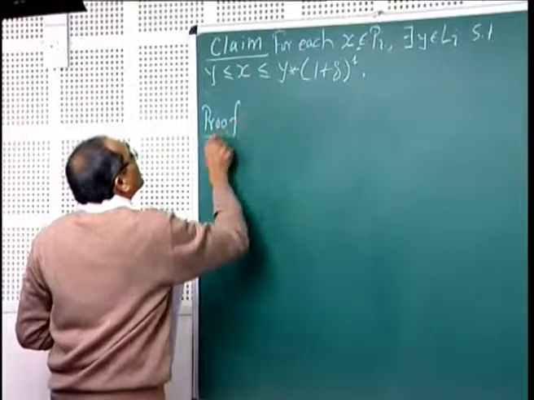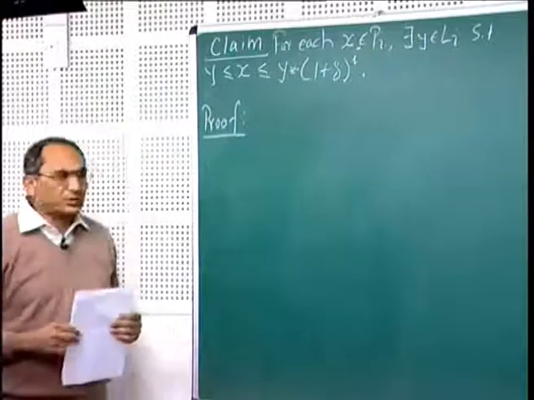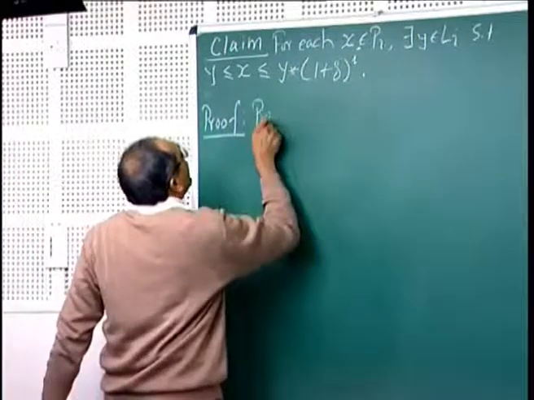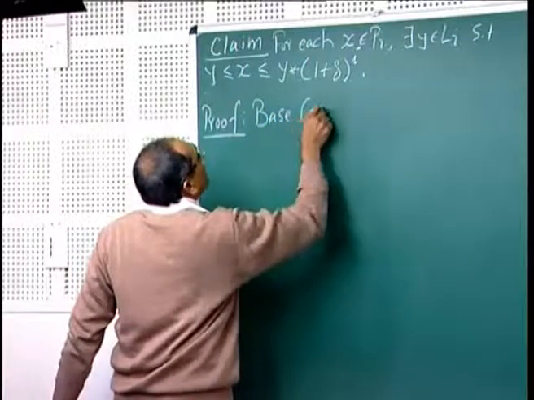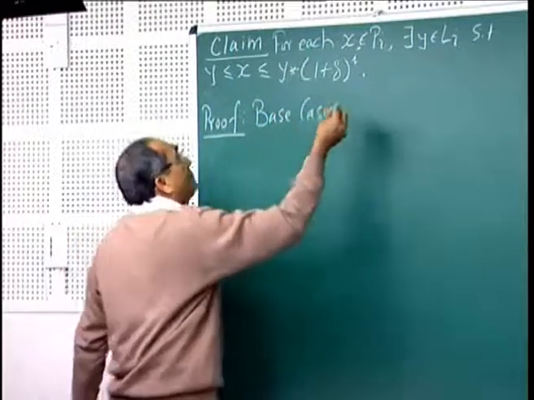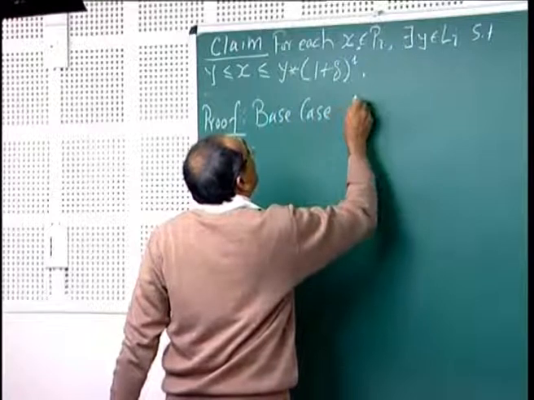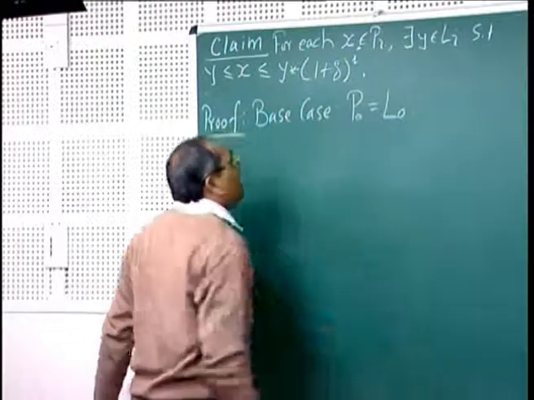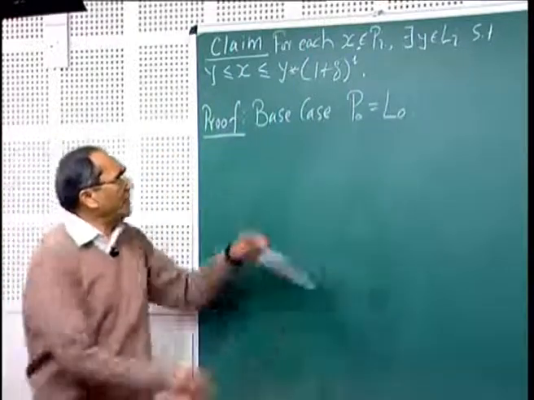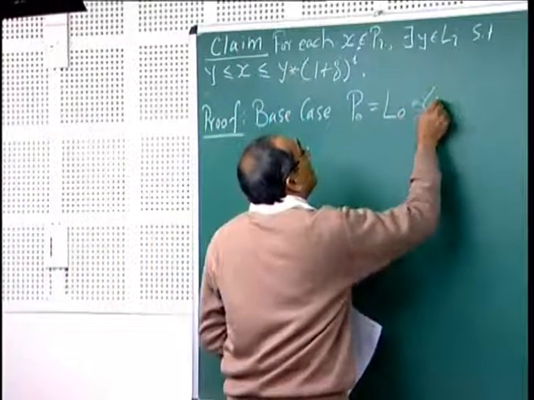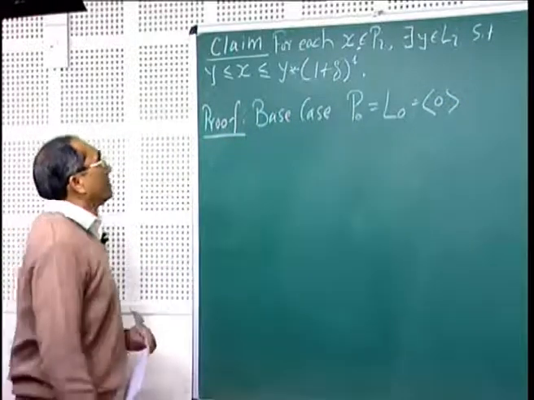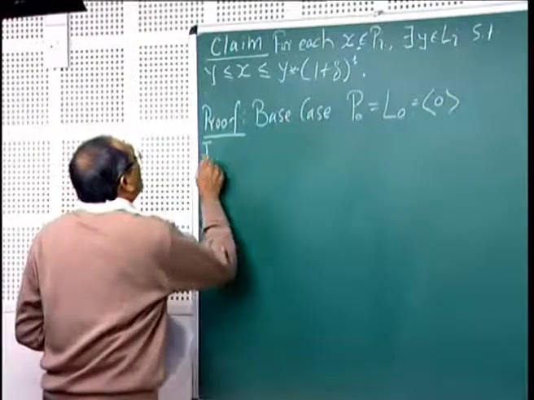Okay, so, let us try to prove this. We will prove using induction. So, the base case is trivial. Base case is that actually two lists are the same, that P0 is equal to L0. So, there is nothing to prove, both of them are equal to the list containing only 0. So, now induction step.